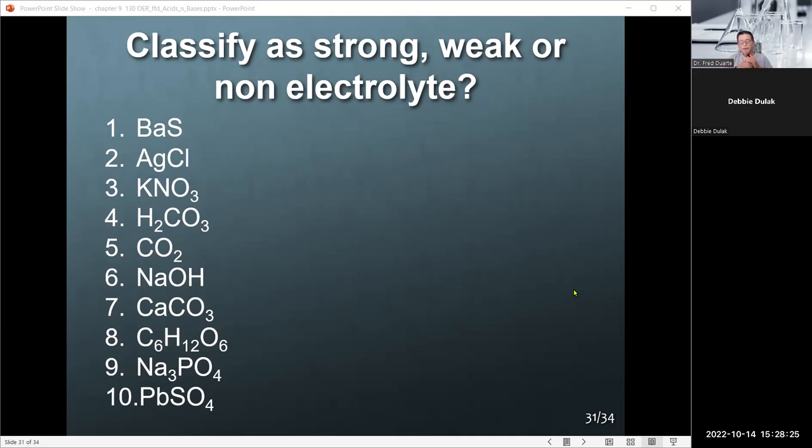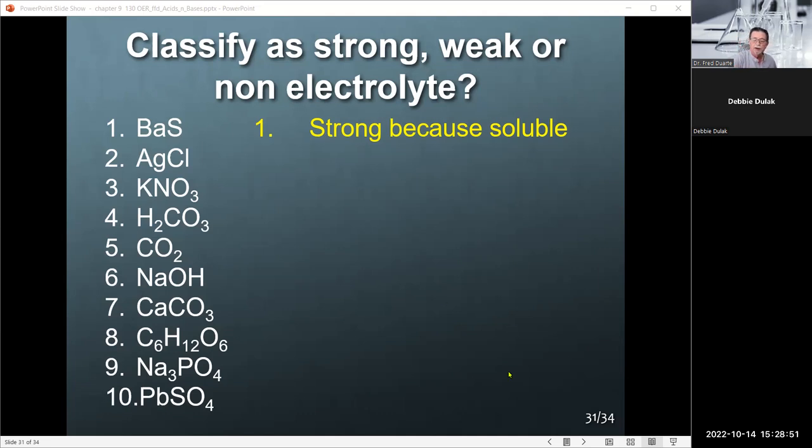And if we go through the solubility rules, you'll find that sulfides are normally insoluble, except when attached to barium, okay? Sulfides on the right side of that column. So being attached to barium makes it soluble, therefore it is a strong electrolyte.